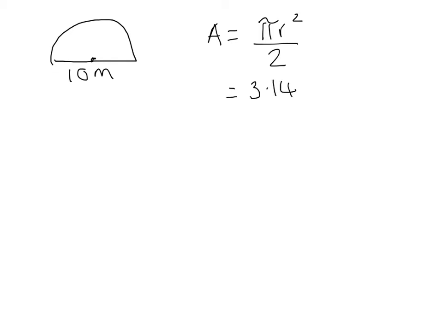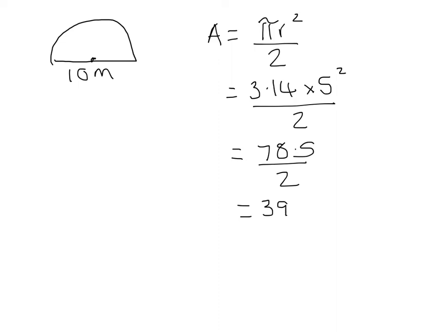Well, if the diameter is 10, the radius will be 5, so it's 5 squared over 2, which gives me 3.14 times 25, 78.5 over 2, which is, of course, 39.25 metres squared.